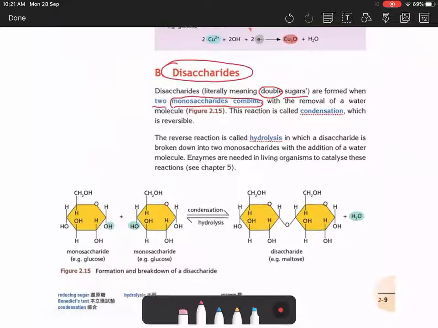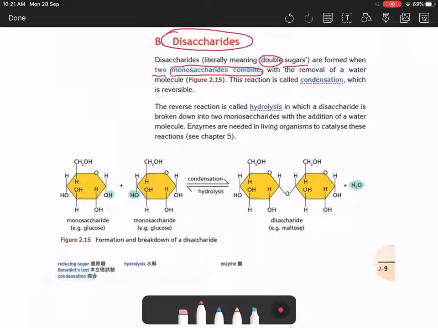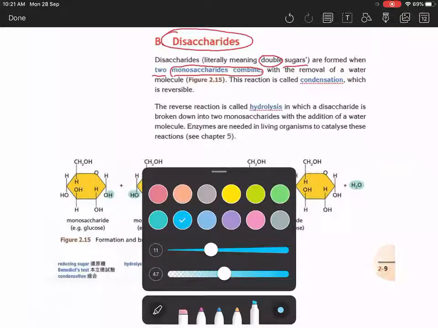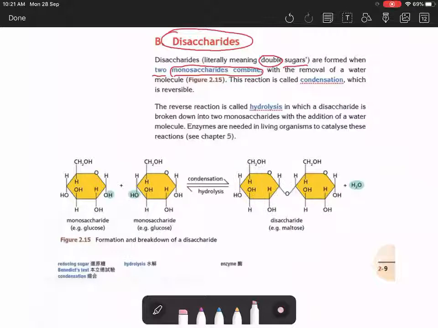If I want to link two monosaccharides together, the name of the reaction is called condensation. This is the name of a reaction. And then after condensation, we will form a disaccharide and water molecules.